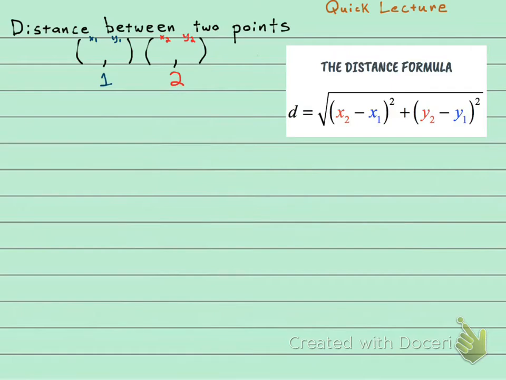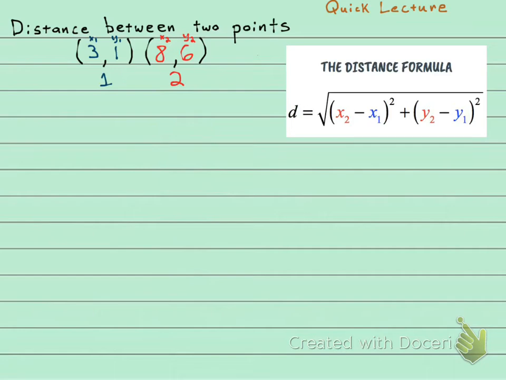Let's plug in some numbers and let's see how one of them works. So I'm going to plug in the numbers 3 and 1, and then 8 and 6. Okay, so they give me a point 3, 1, and then they give me a point 8, 6. Find the distance between those two.